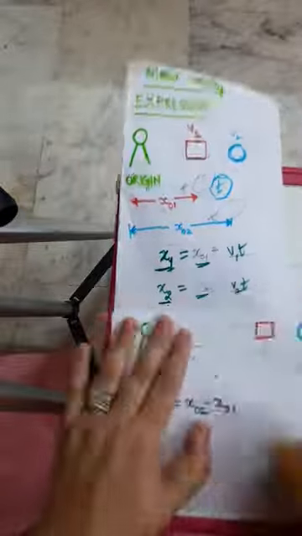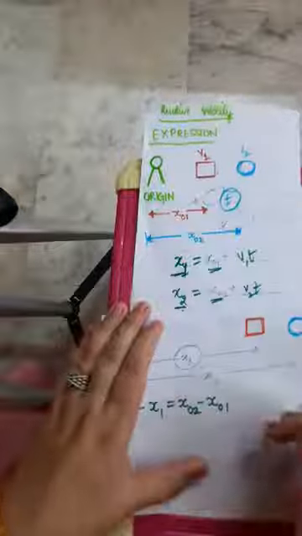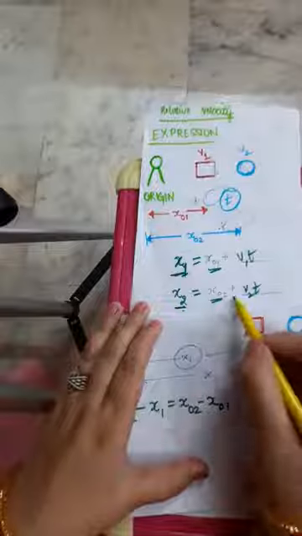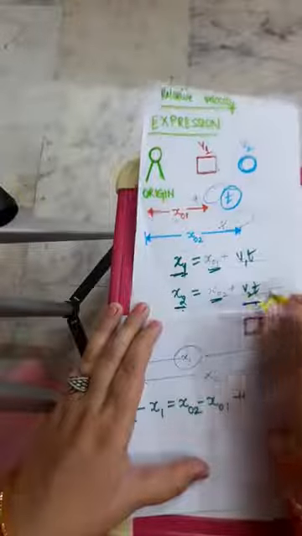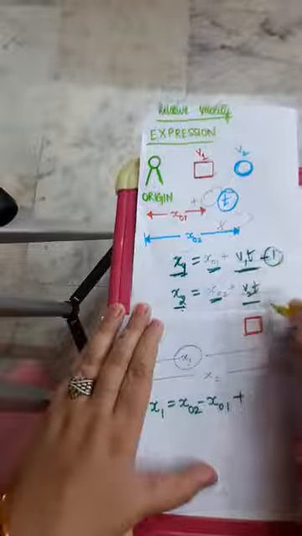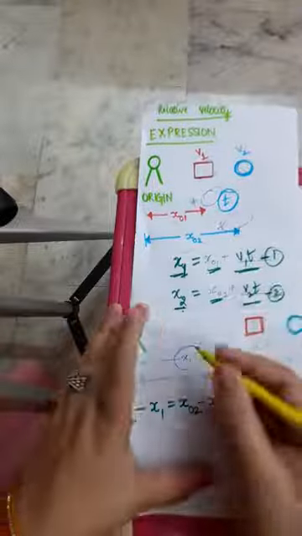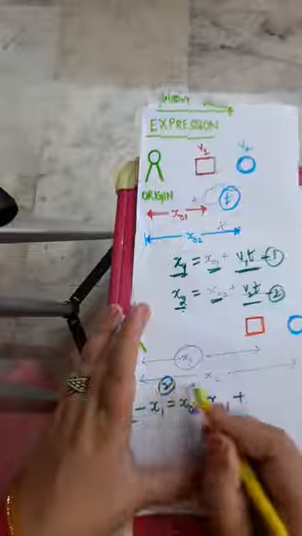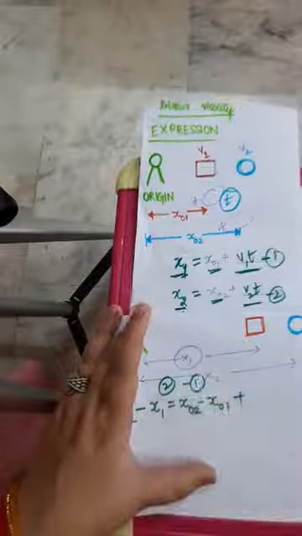Plus v2t minus v1t. If this is equation 1 and this is equation 2, then I am performing equation 2 minus equation 1.